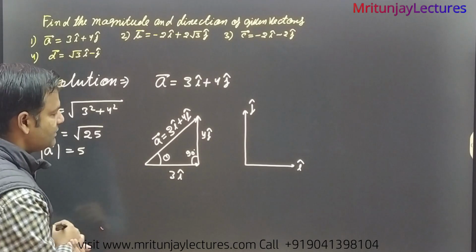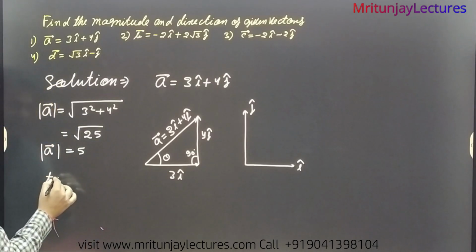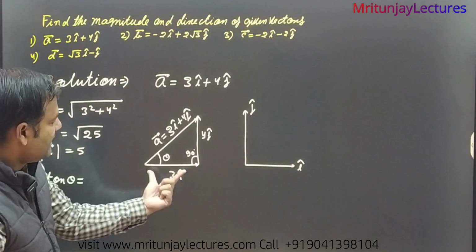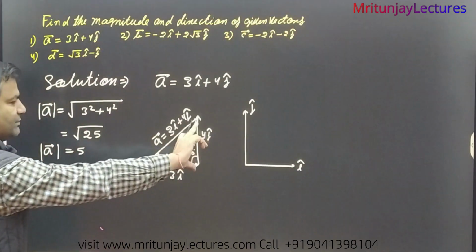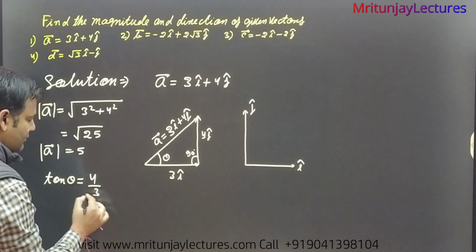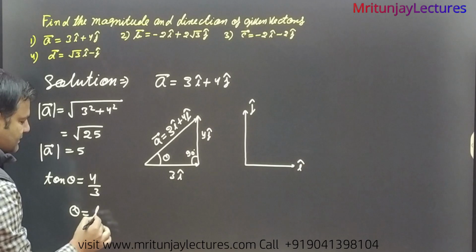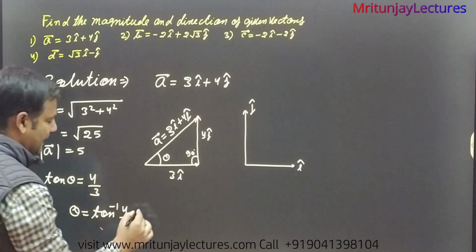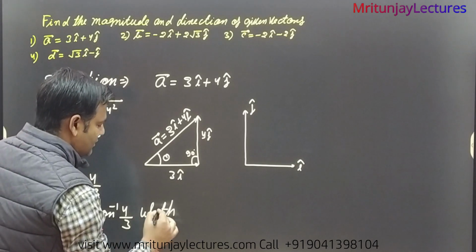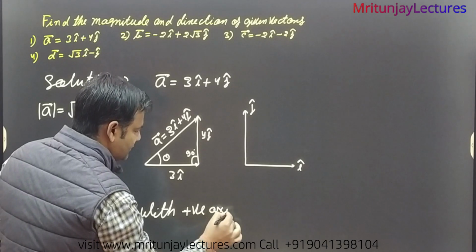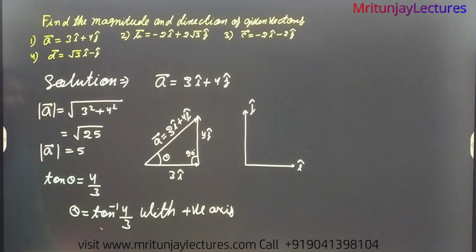And what about direction? tan theta is 4 divided by 3, where the magnitude of that side is 4 and of that side is 3. So theta is tan inverse 4 by 3 with the positive x-axis. This is the final answer. After that we focus on the second one.